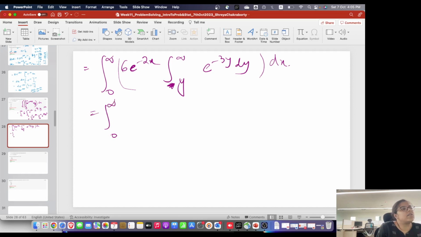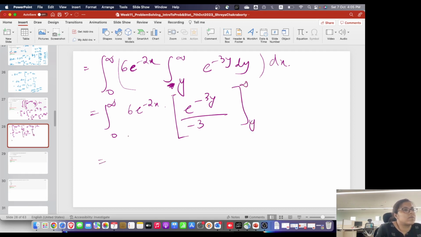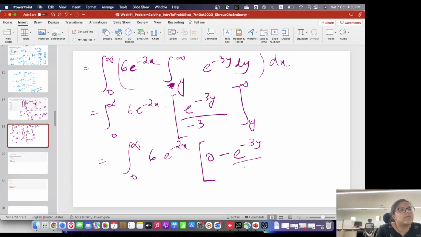So what we had is 0 to infinity 6 e to the power minus 2x, e to the power minus 3y by minus 3, y to infinity. So this we would have 0 to infinity 6 e to the power minus 2x. This would be 0 minus of e to the power minus 3y by minus 3.